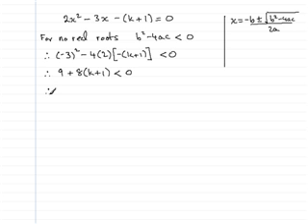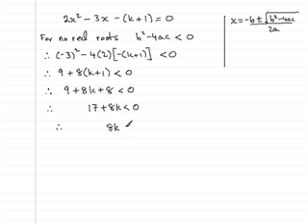So therefore, if we expand this out, we get 9 plus 8k plus 8 times 1 is 8, and that is less than 0. Grouping this up, we have 17 plus 8k is less than 0. Subtract 17 from both sides, so I get 8k is less than negative 17.